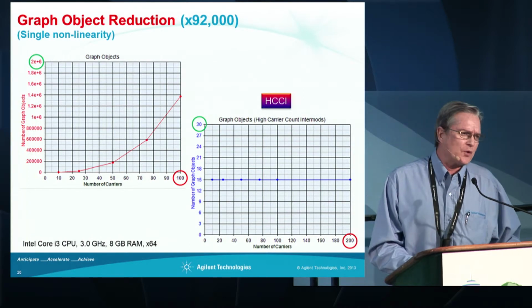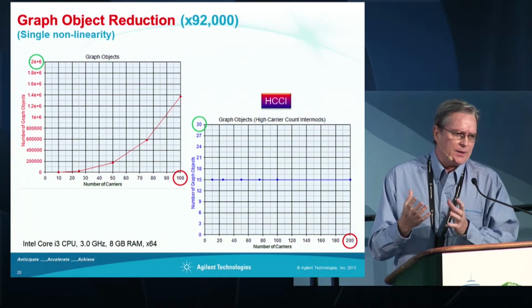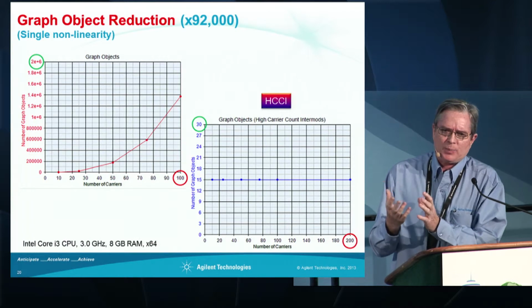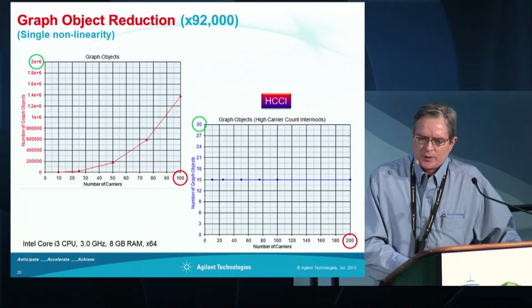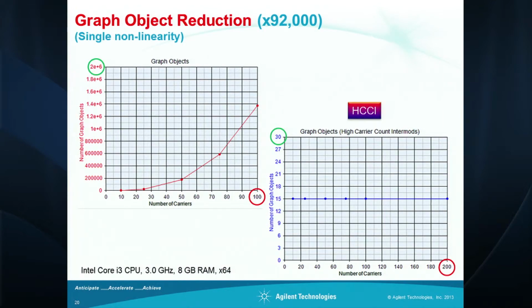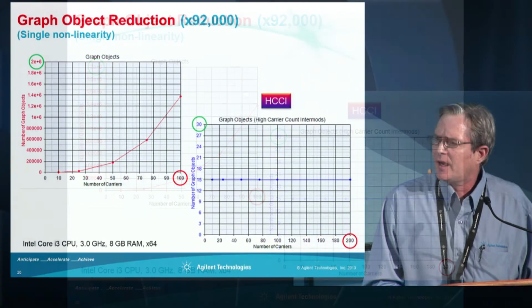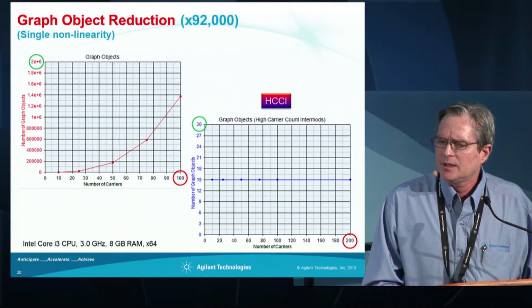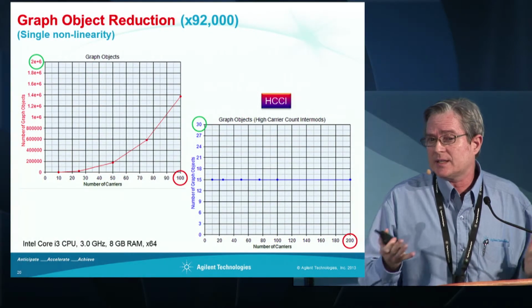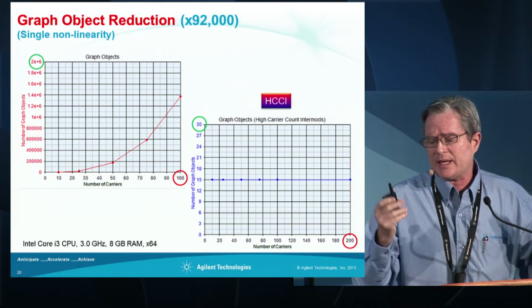This is the number of graph objects that you have to manage and display. You can see that it's way over 1 million for 100 carriers, and it's constant in the high carrier count intermod case, because we're just simulating the same number of groups and displaying the same groups.